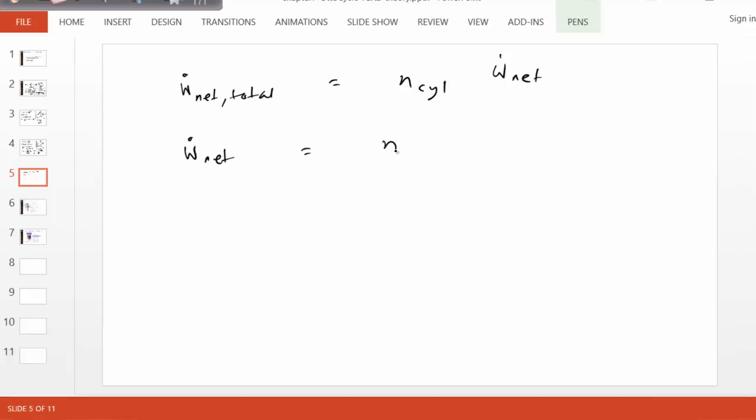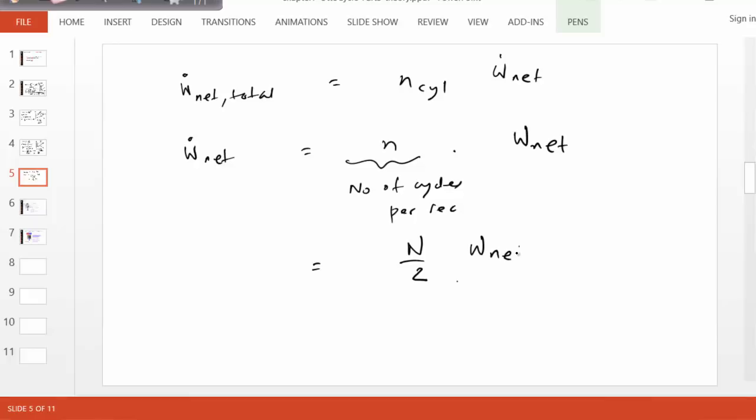That is the number of cycles per second times W net produced in each cycle, and that equals N over 2 times W net, where capital N is the number of revolutions of the crankshaft per second.